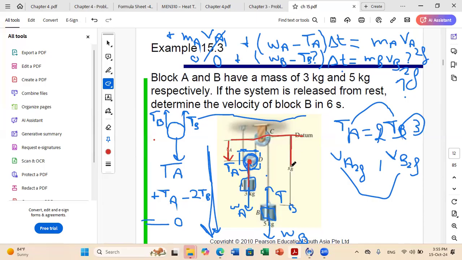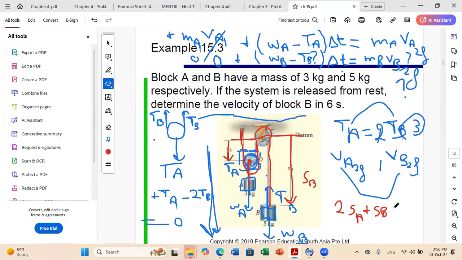And I take a coordinate for block B, SB. Now if I follow my chord, I have a constant here, plus SA, plus SA another time, 2SA until now, plus a constant plus SB. So the equation is 2SA plus SB is equal to a constant.